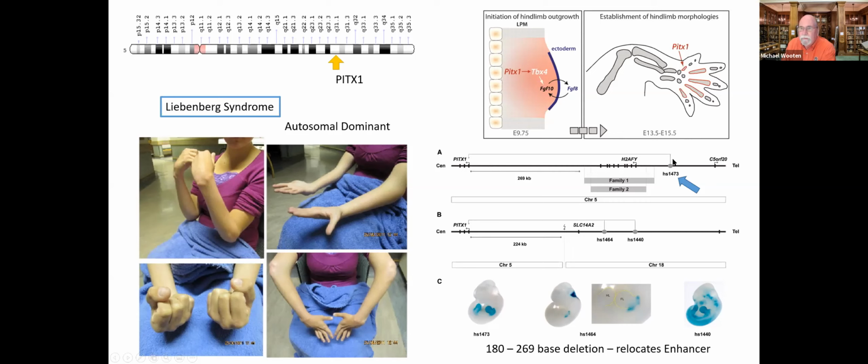What it does is move the enhancer closer to the gene itself. It doesn't move quite that far, but it moves it closer, and in doing so it causes overactivation of the gene. So this particular problem is not caused by failure of the protein to be produced.